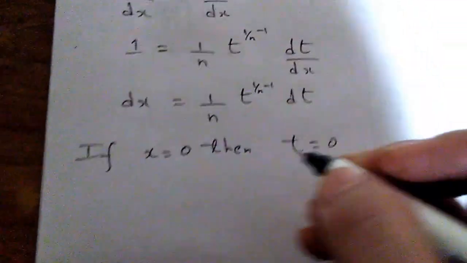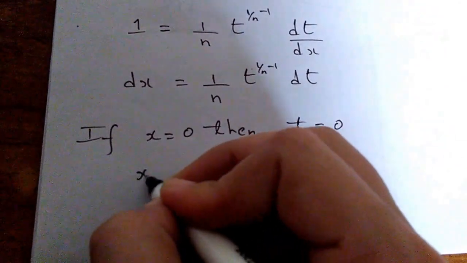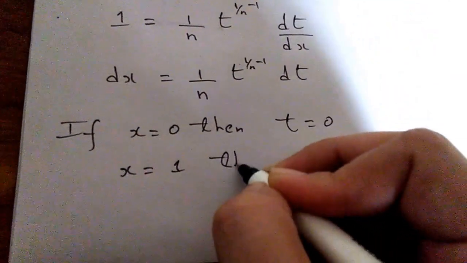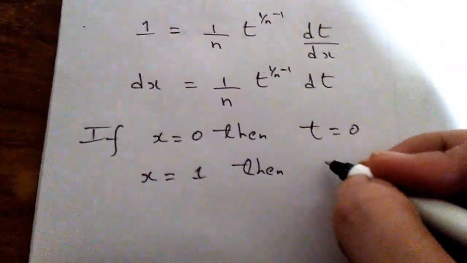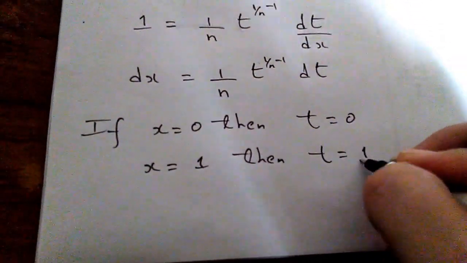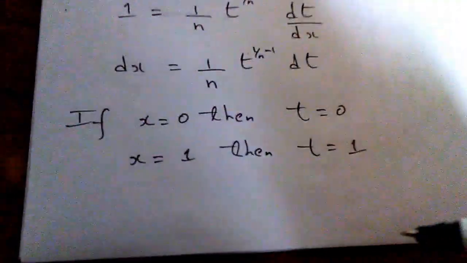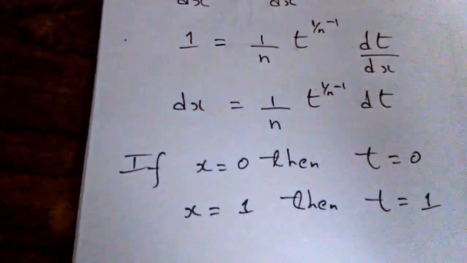And once your x is 1, then on substituting 1 in this equation, you come to know that t is also 1. So the limits are not changed here. Okay, they are same.